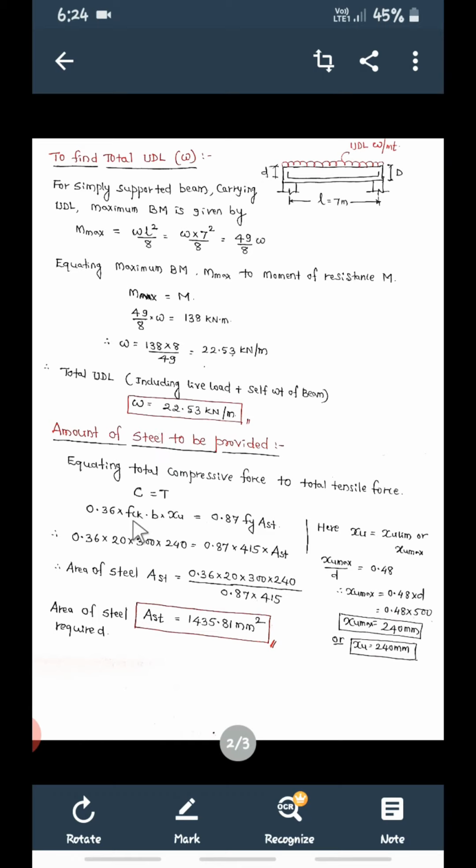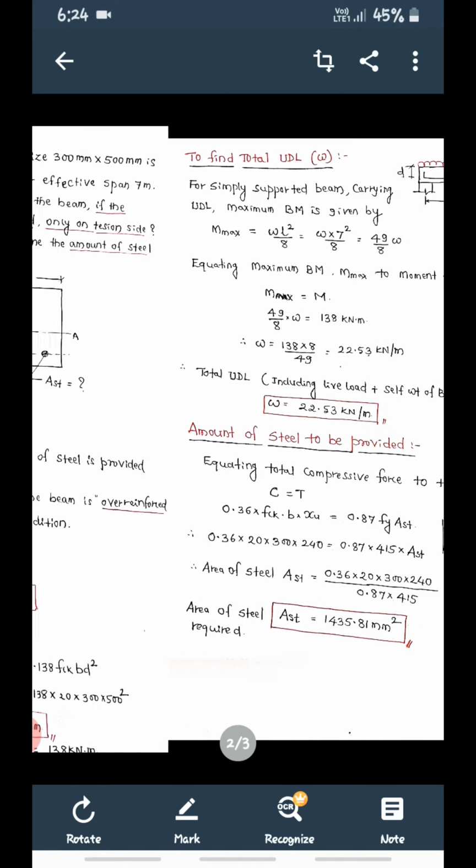The stress in concrete is 0.36 fck and the area of concrete is B into Xu. This is the total compressive force in concrete. Then what is the total tensile force in steel? Again, total force is equal to stress into area. So what is the stress in steel? 0.87 fy will be the stress.